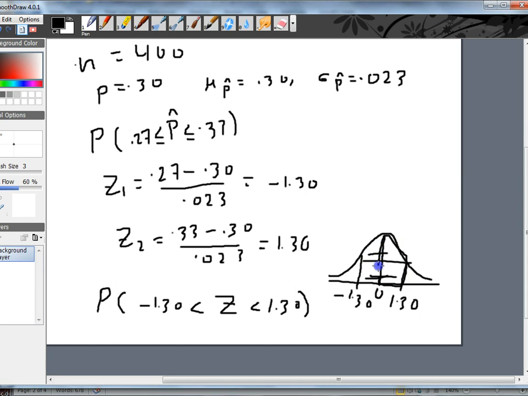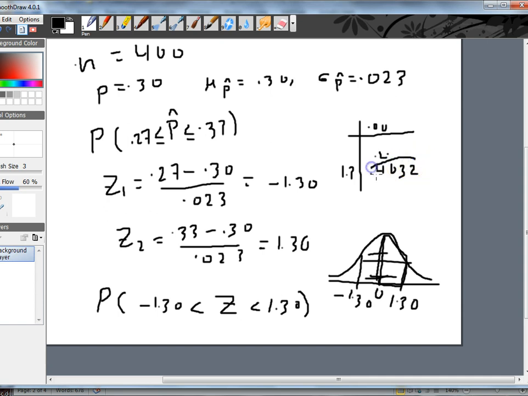So if I go to the z table and go to 1.3, my second decimal is 0, so that would be equal to 0.4032.